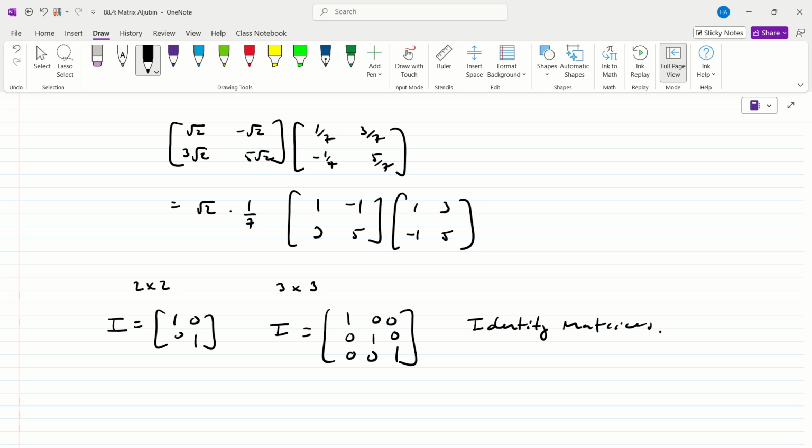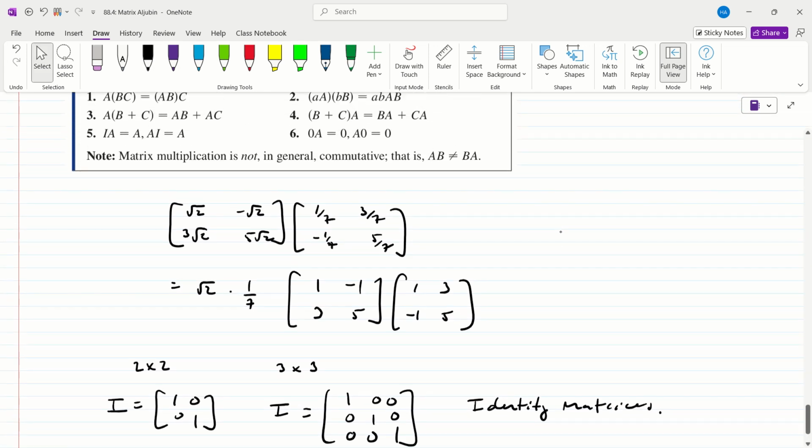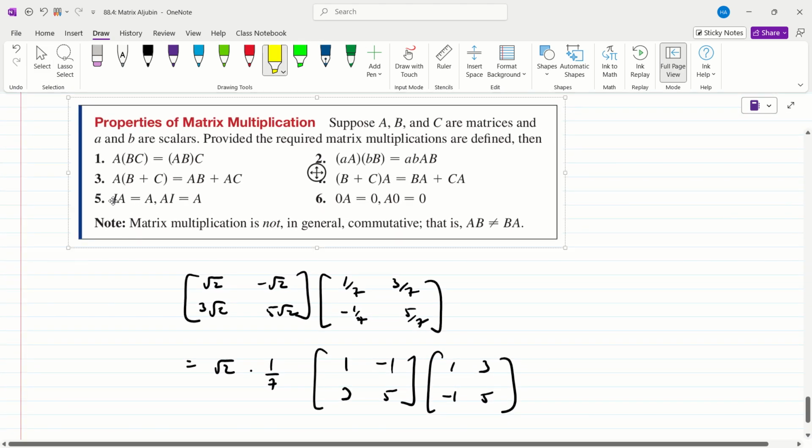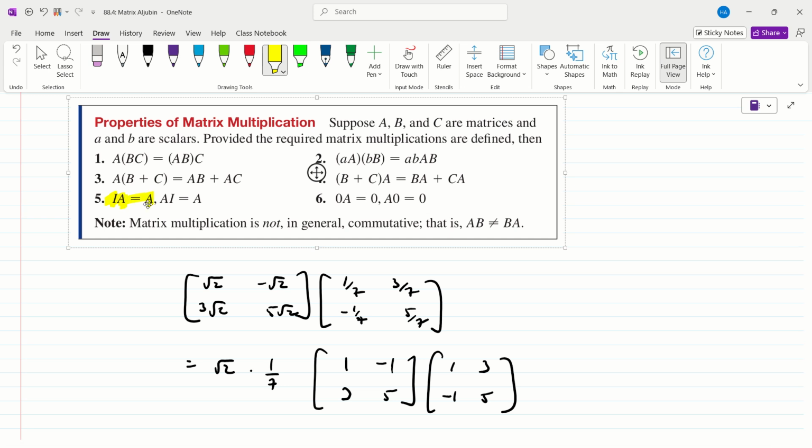One of the things that's important about identity matrices is that when you take an identity matrix and multiply it times A, you get A. And when you take a matrix A and multiply it by I, you get A. So whether you multiply a matrix on the left-hand side or on the right-hand side by these identity matrices, you get the original matrix that you started off with.